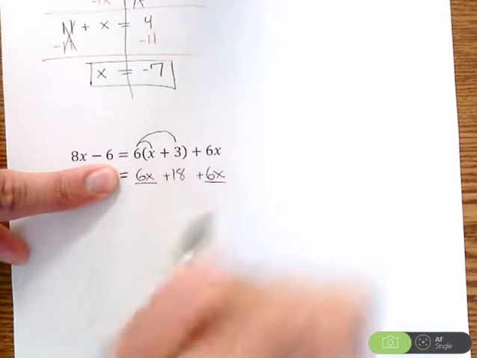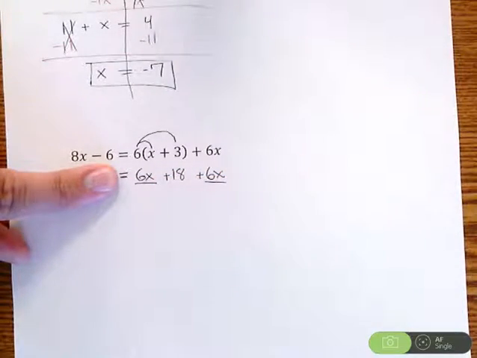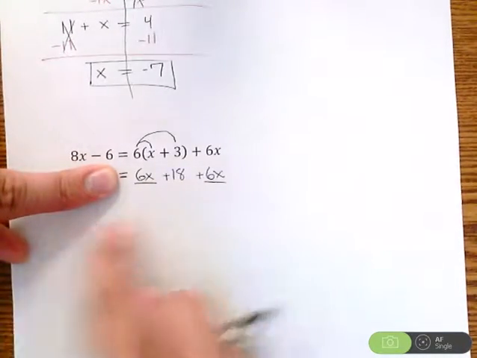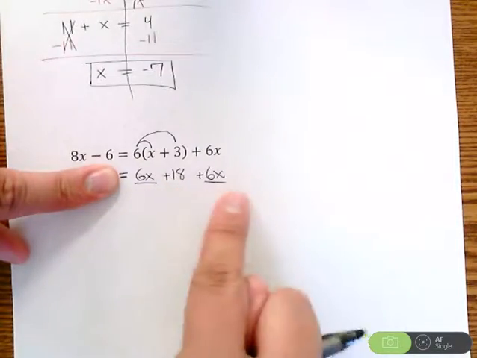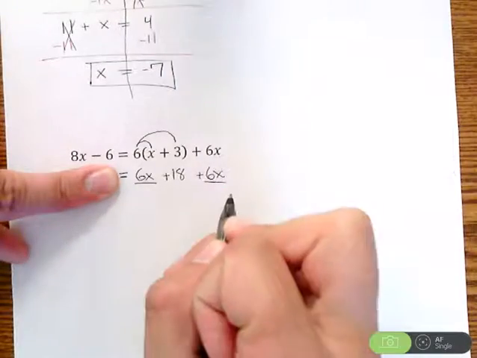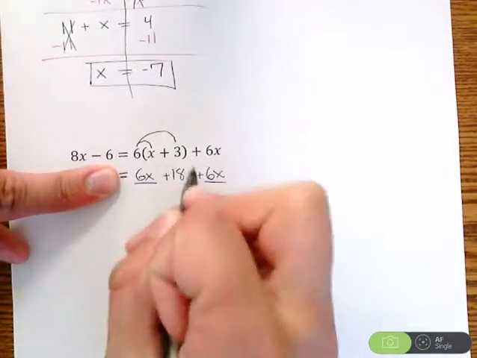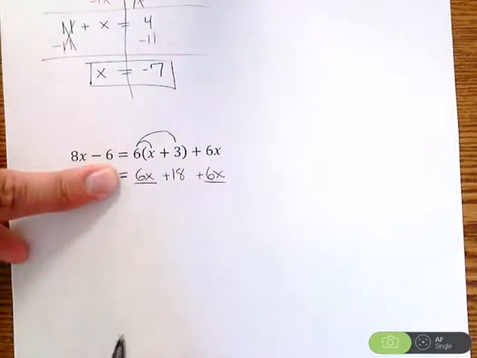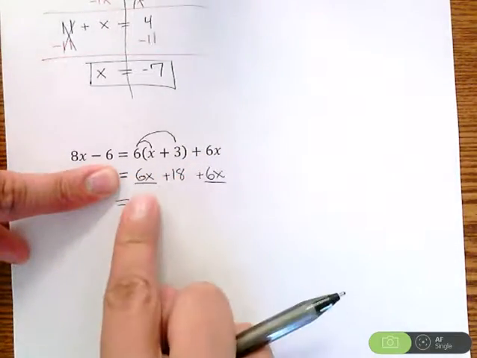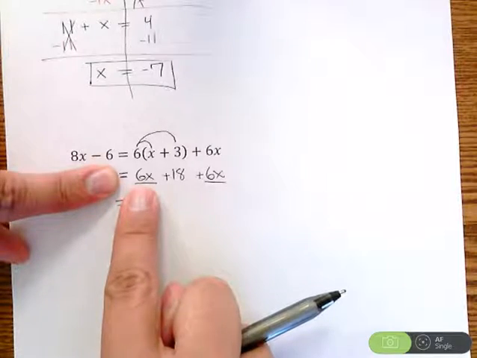I can combine these two, just like combining like terms, which we've done before. Now notice, I'm not crossing the equal sign. These 6x's are both on the same side, so you're not going to see me write minus 6x. We only do that if I'm going from one side to the other of the equal sign. Since they're on the same side, you just combine them as is.